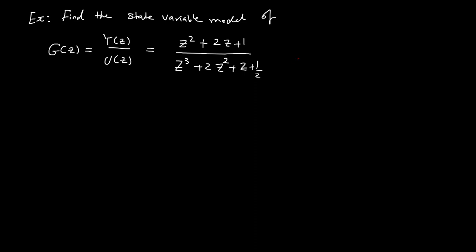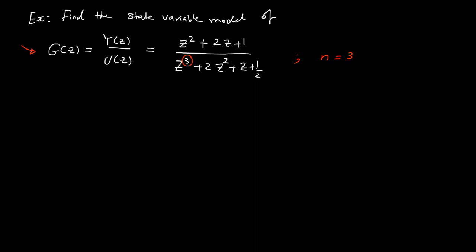Now first, here n is equal to 3. The order of the denominator here is 3, so this means that I need to represent this system using a 3 by 3, or first the order of the system is equal to 3.